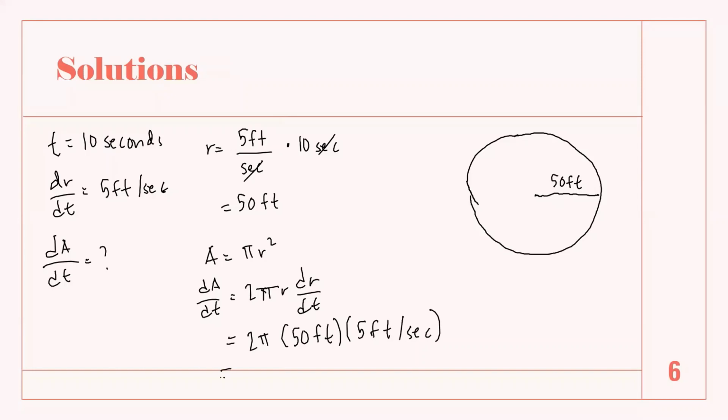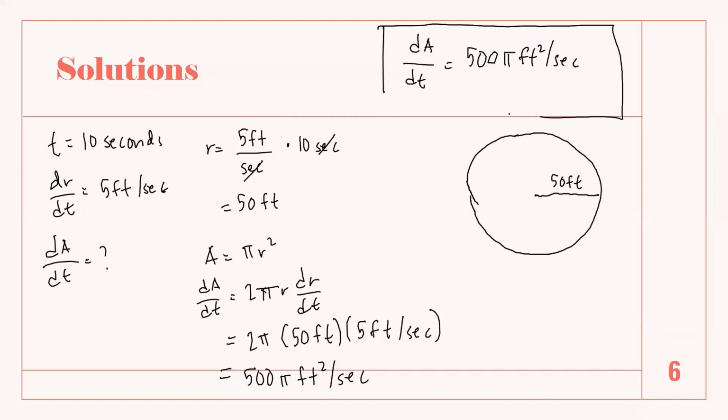Okay, so 2 times 50 is 100, times 5 is 500 pi feet squared per second. So it means to say that the rate of change is 500 pi feet squared per second.